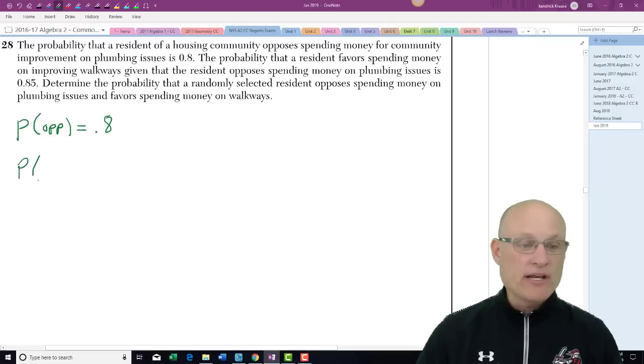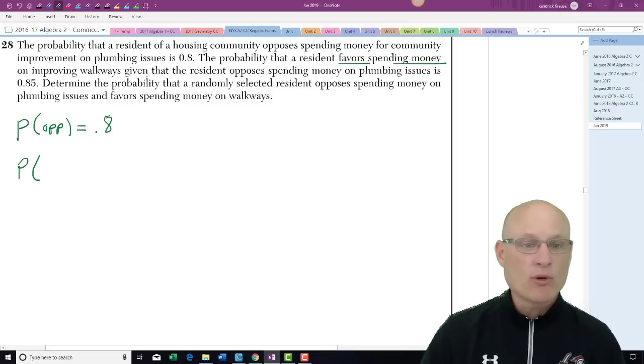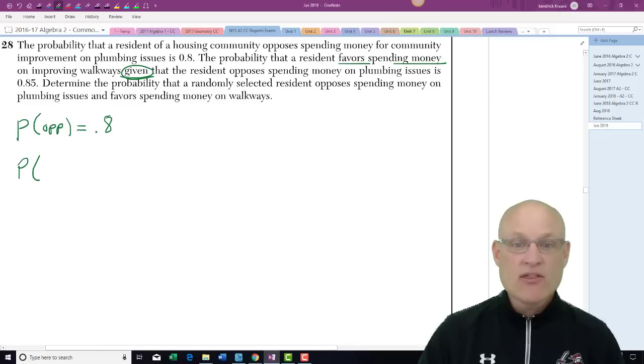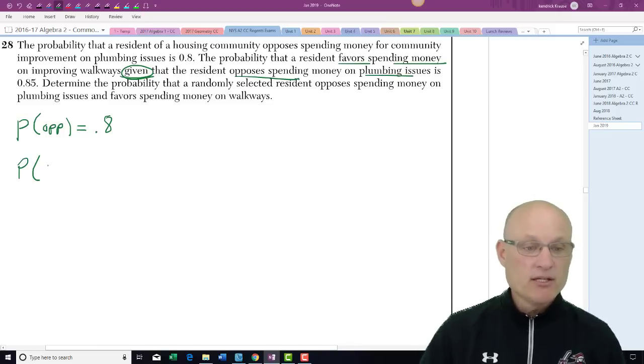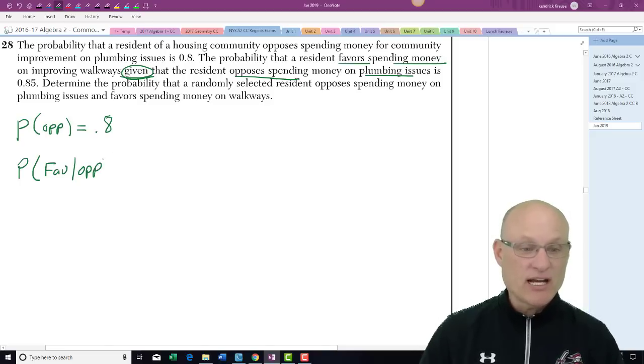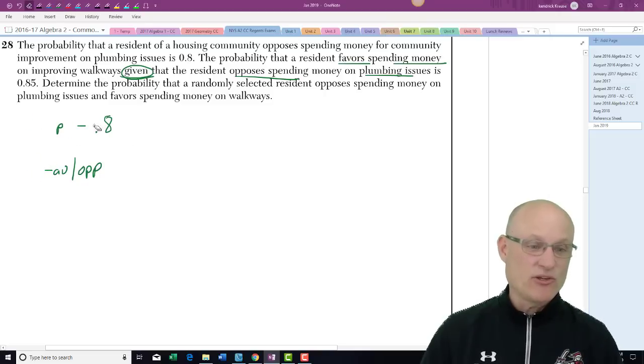Now here's the other part. We got this word given. The probability a resident favors spending on improving walkways given they oppose spending on the plumbing. So this one's opposing plumbing, but favors walkways given opposing. Now that's really kind of confusing, so let's do this a little bit differently.